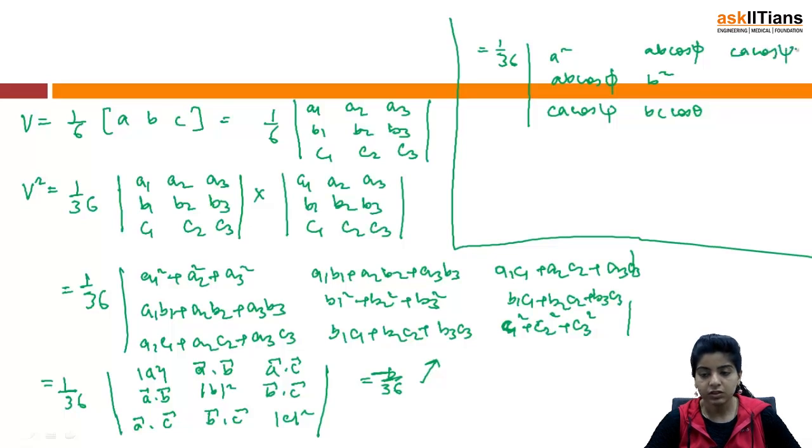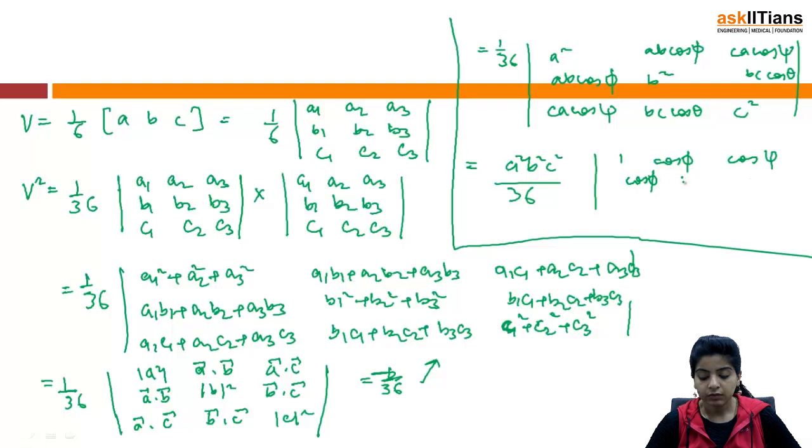Then CA cos psi, BC cos theta, and C square. I can take out A square, B square, C square common, so I have 1, cos phi, cos psi, then cos phi, 1, cos theta, and then cos psi, cos theta, 1.